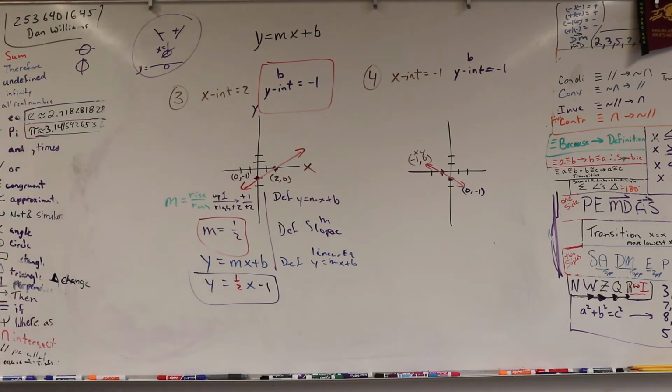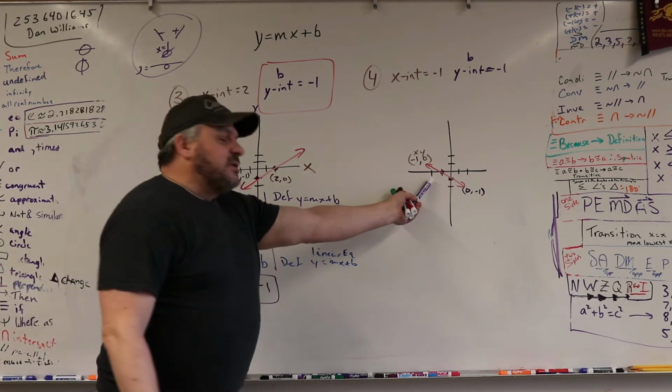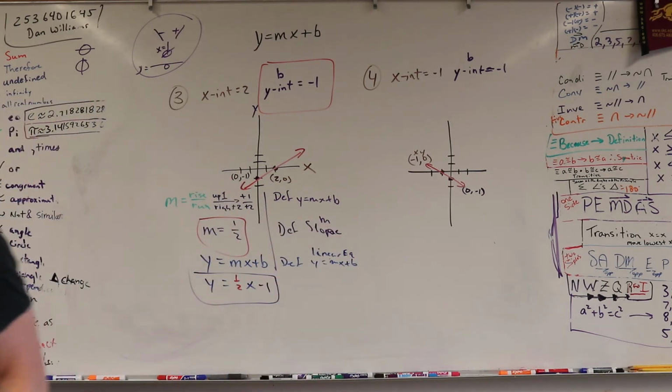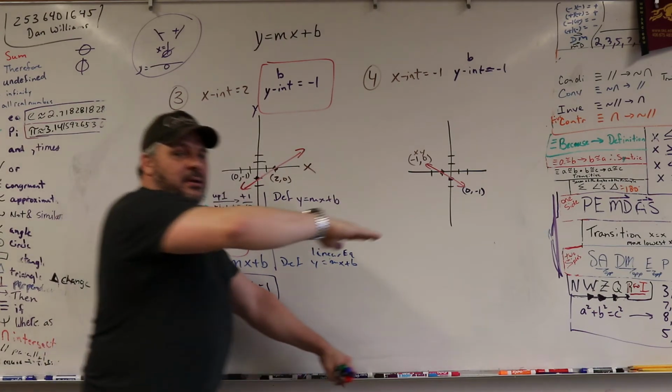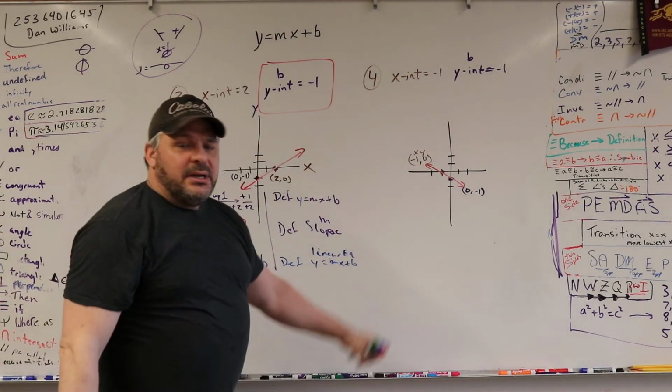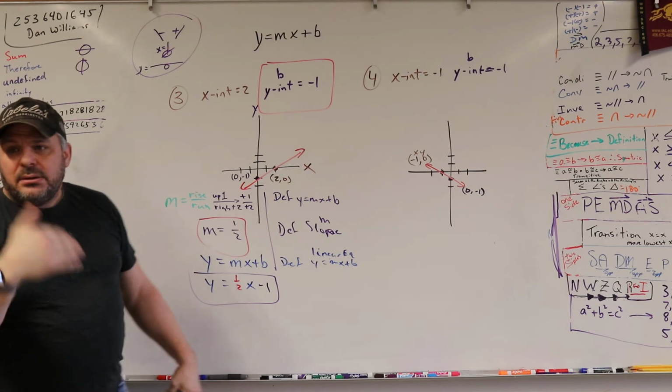Okay? So on the next one, again, is this a positive or negative slope? Because what we're going to start looking at is correlation in here. And so you have to look at these data plots and go, oh my goodness, what's the correlation? Is it negative? Is it positive? Is it nothing? Right? And the key is, is it going up or is it going down? And in this case, it's going down.